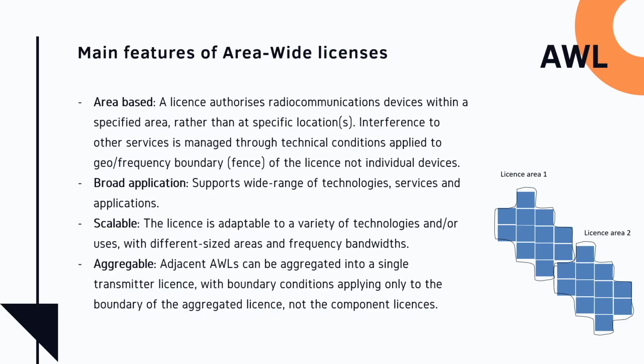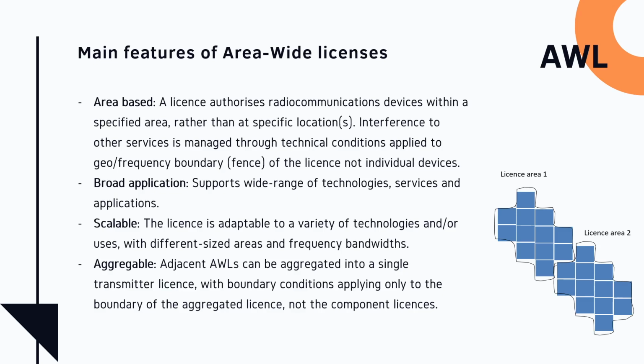Main features. Now let's talk a little bit about the features of this license. As is obvious by now, the license is area based, not location based. So we're not talking about actual coordinates of a site. We're talking about the boundary, the area of multiple sites. There is a predefined geographical boundary or a fence made of aggregated grids or cells.